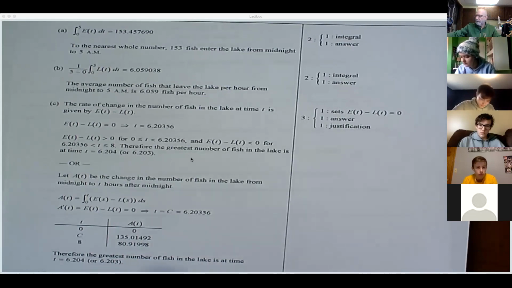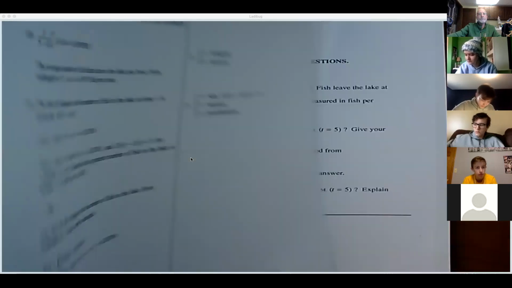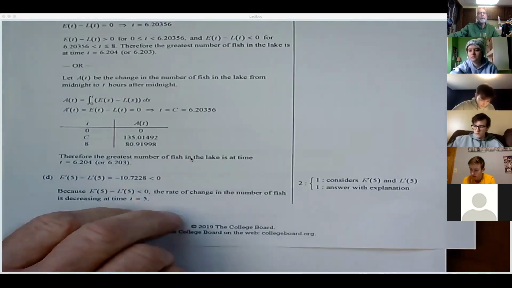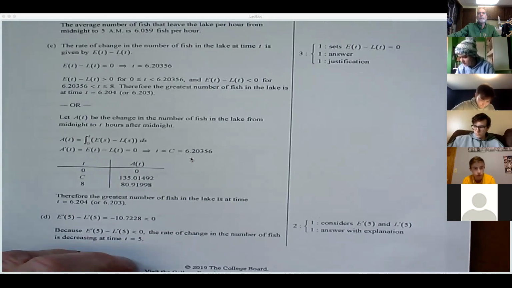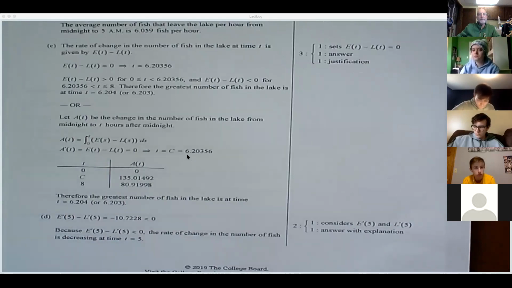So that's the second way they did it right here. And you have to find the critical number, which is 6.20356. And it doesn't tell you the number of fish that are currently there, so you have to assume there are 0.